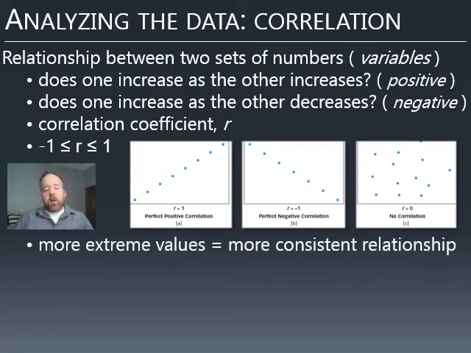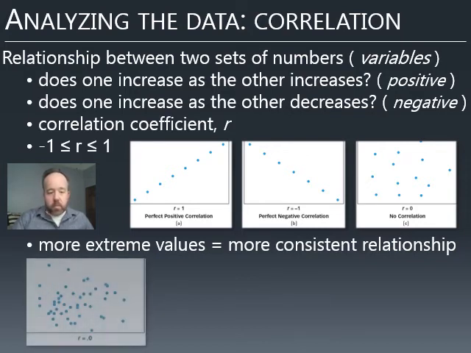So the idea here is that the more extreme values of R indicate a more consistent relationship. So extreme could be negative or positive. It just depends on the nature of the relationship between the variables. So again, if you have an R of 0, no correlation. It's just sort of a cloud of points if you graph the data. There's no relationship discernible.